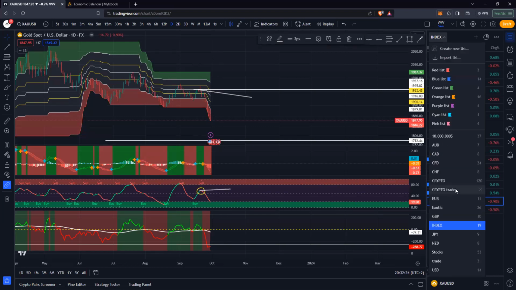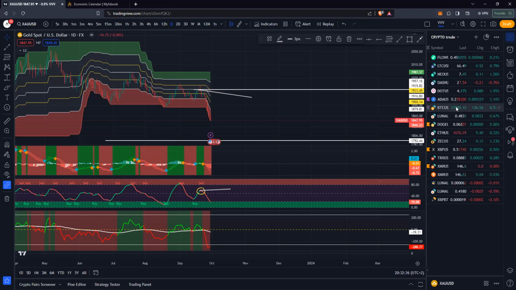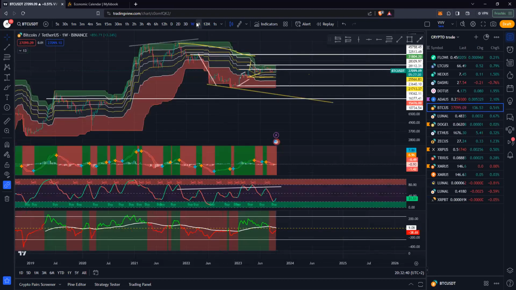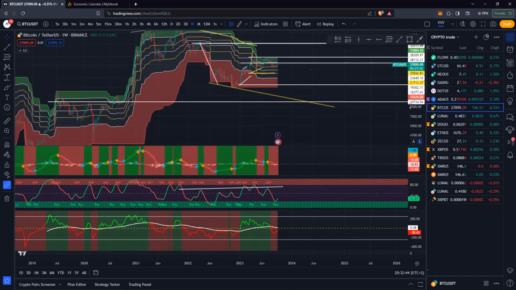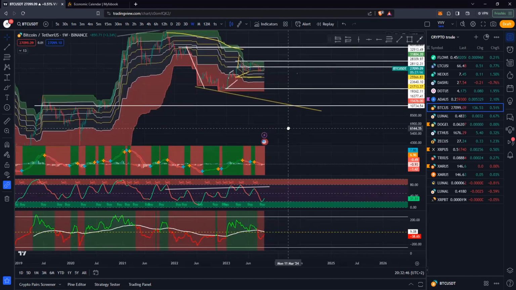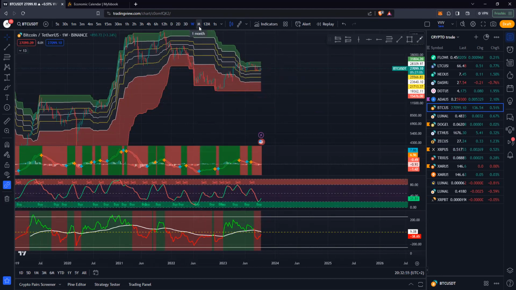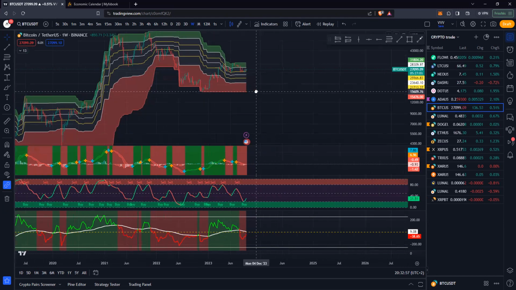All right, and just a peek at the BTC. And as you know, I drew here some of the scenarios, and I think I have to remove this, like just everything, and focus on the present.